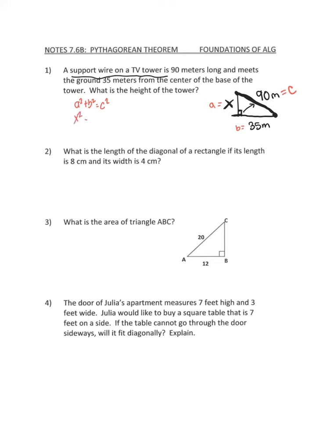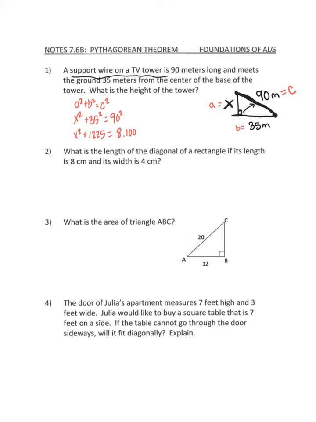B is 35 squared and C is 90. First I'm going to do those squares. So I still have my x squared, plus 35 squared is 1,225. And then 90 squared is going to be 8,100.